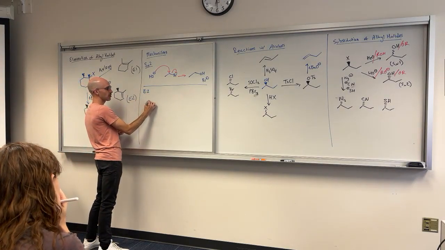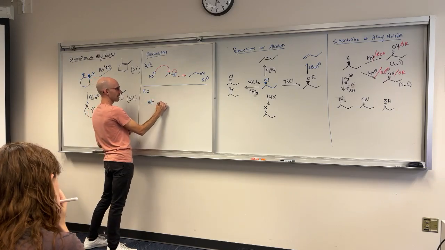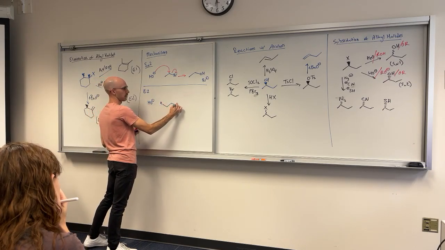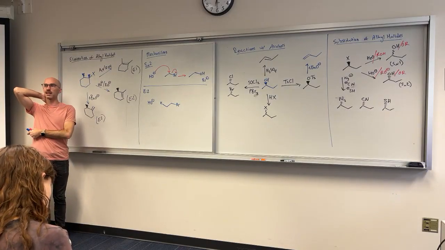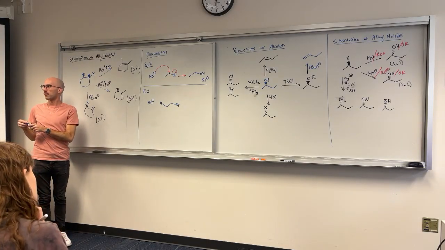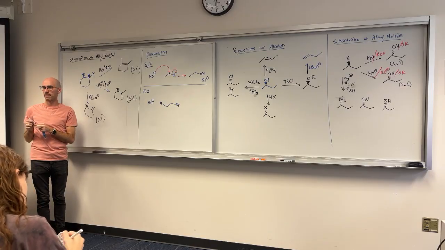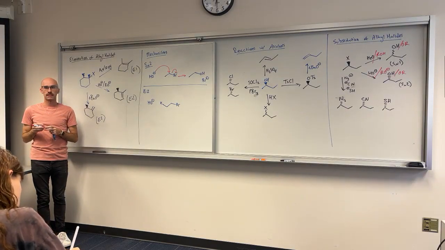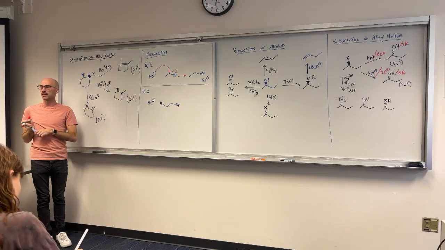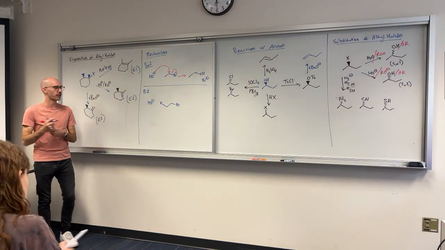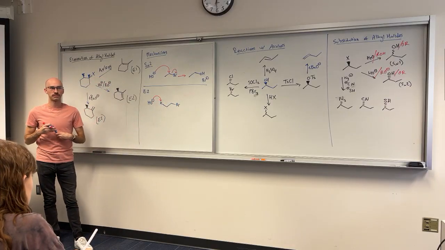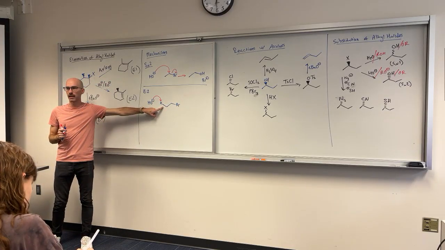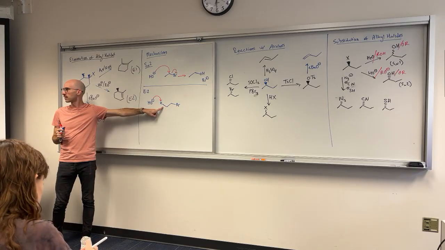Let's look at E2 in the exact same compound, where hydroxide does elimination with bromoethane. In E2, hydroxide doesn't act as a nucleophile so much as a base. It takes a hydrogen. Who owns the electrons between C and H?